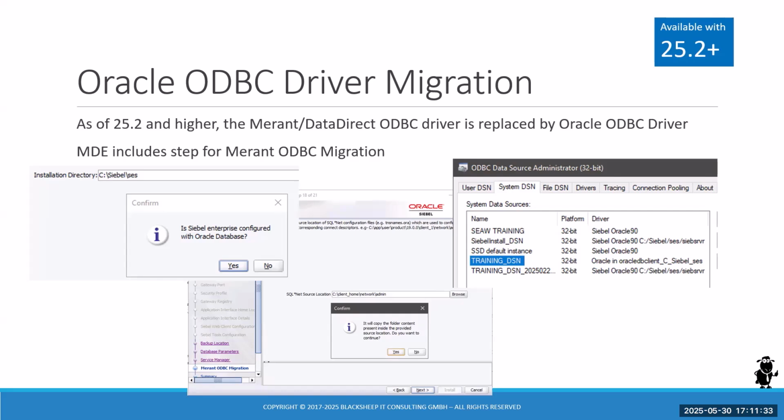That ODBC driver is now also Oracle and no longer the Merant or Data Direct driver. So during an update installation from any version prior to 25.2 to higher, like 25.5, there is a process in the installer that migrates to the new Oracle ODBC driver. You can see on the screenshot that it renames the old ODBC data source and creates a new one with the new driver.